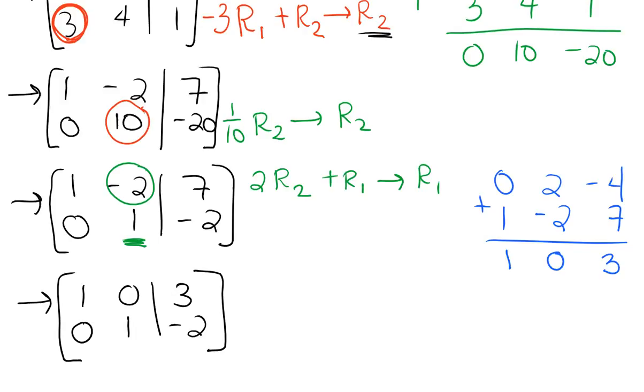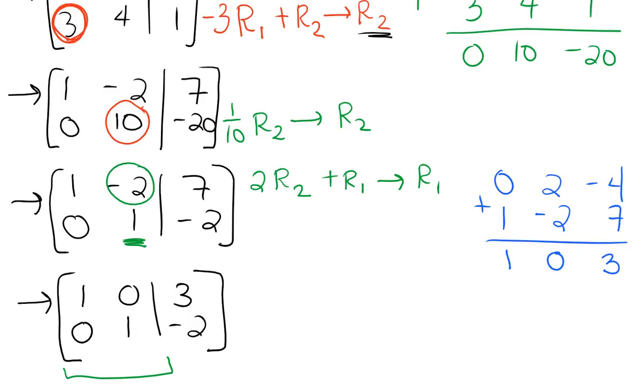There we go. So now we have done every column in the coefficient matrix. Remember, the coefficient matrix is only the first chunk. So we have taken care of all of the columns in the coefficient matrix, and so now we can read our solution.